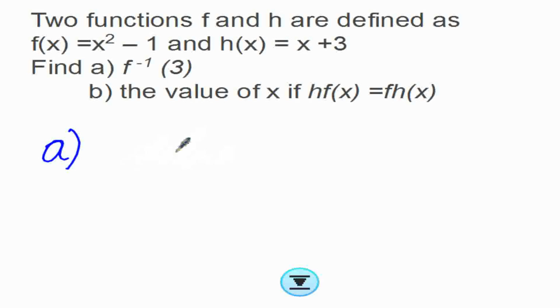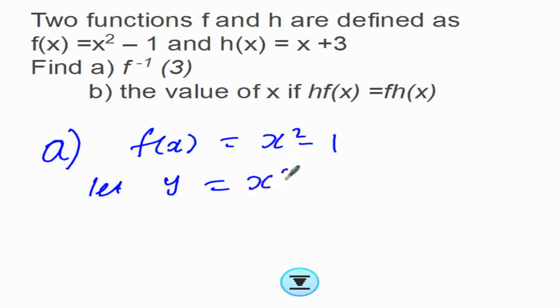Now to find the inverse of f(x), which is x squared minus 1, we let y be x squared minus 1. After letting y be x squared minus 1, we switch the letters. The y becomes x and the x becomes y.